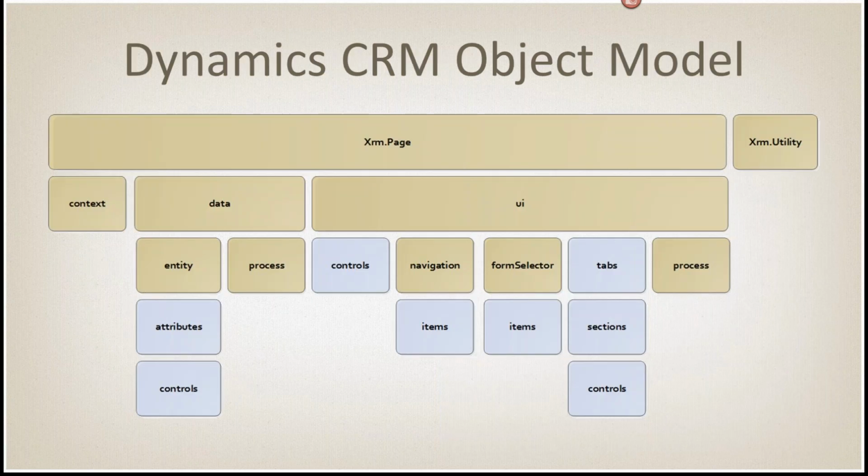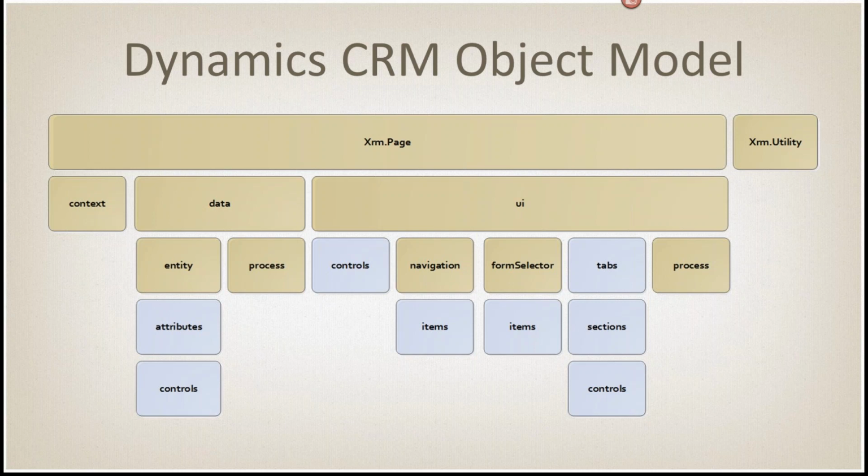So here is the JavaScript object model from a very, very high level. The JavaScript object model is the one that provides us the functionality for accessing the elements on the page. So the main thing we work with is something called xrm.page. We have a context which tells us environmental information about either CRM itself or the page or the record we're on.